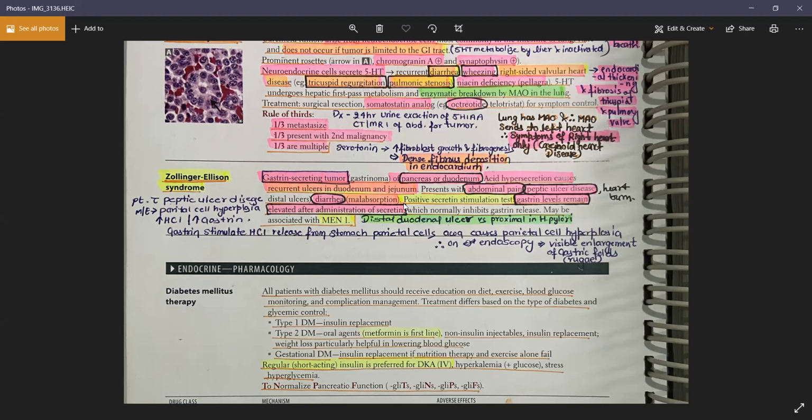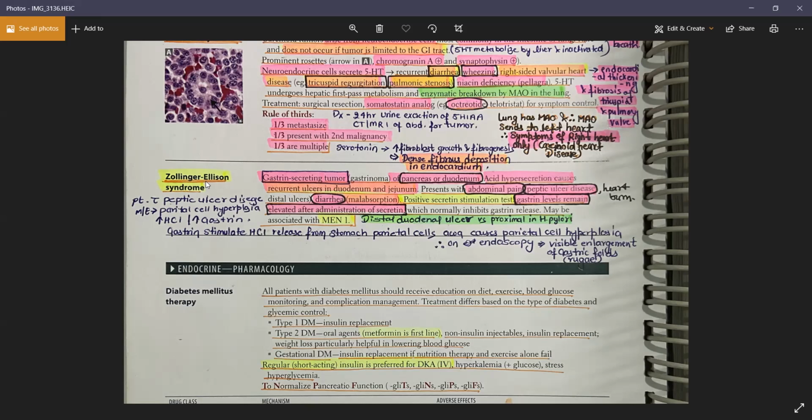But in case of Zollinger-Ellison syndrome, even if you give the patient secretin, the gastrin levels remain elevated, or they even become more elevated after giving the patient secretin. A paradoxical increase in the level of gastrin after giving the patient secretin is a very highly characteristic feature of Zollinger-Ellison syndrome.